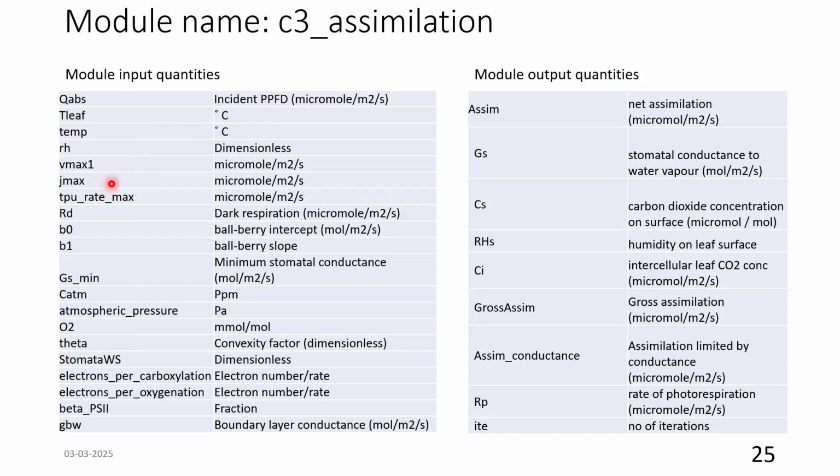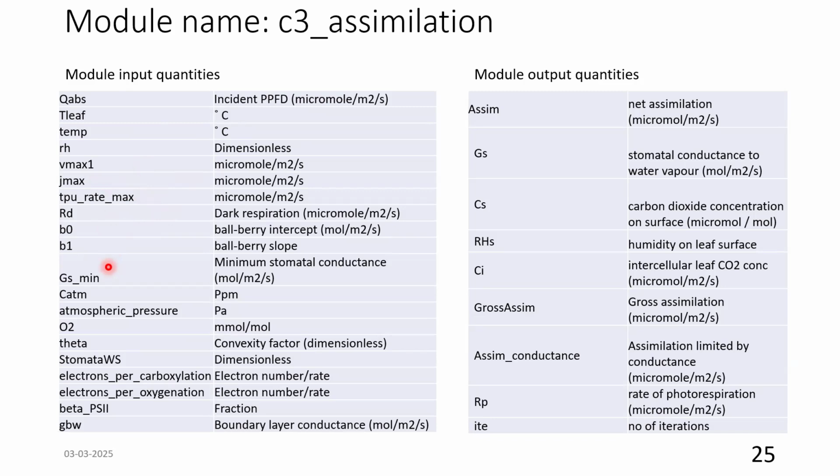This is the maximum rate of electron transport. This is the maximum rate of triose phosphate utilization, the dark respiration rate, the Ballberry intercept and the slope, and the minimum stomatal conductance. Now this value exists because stomata will never go to the value of 0. There will be a very minimal value.